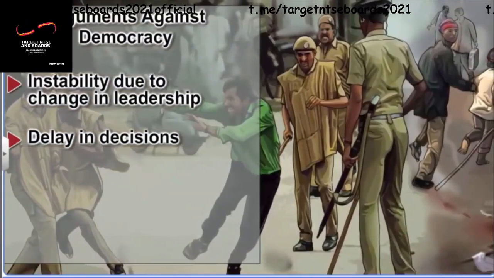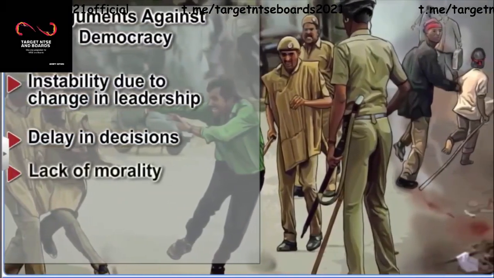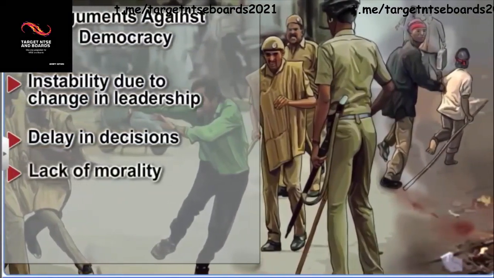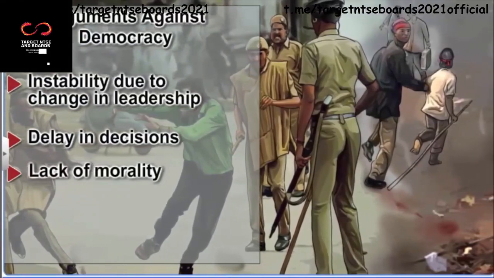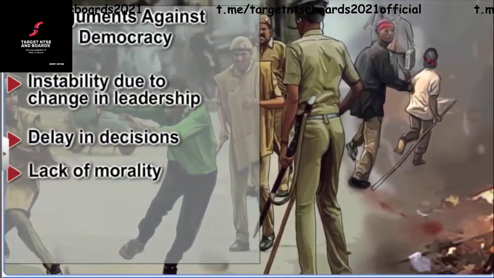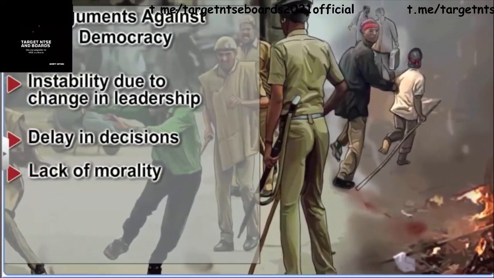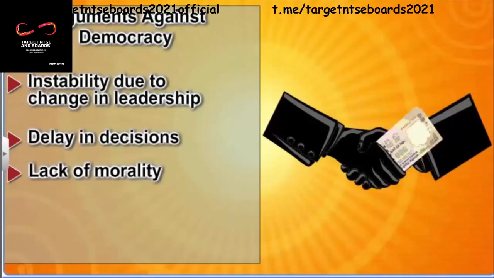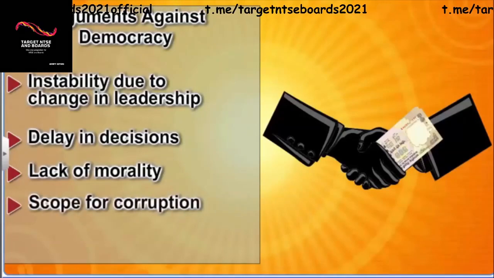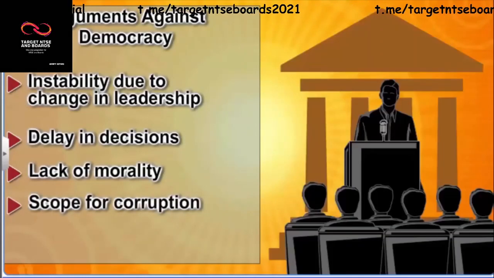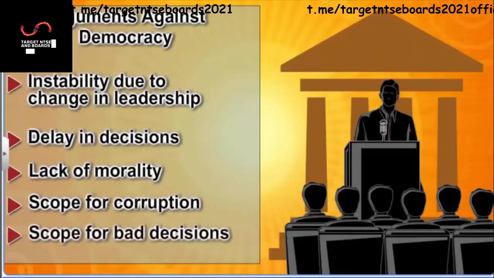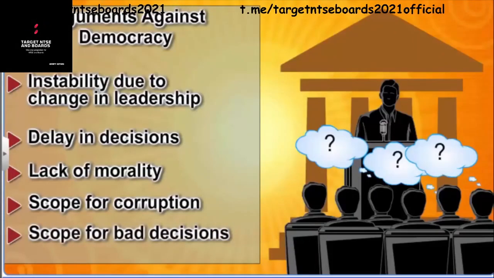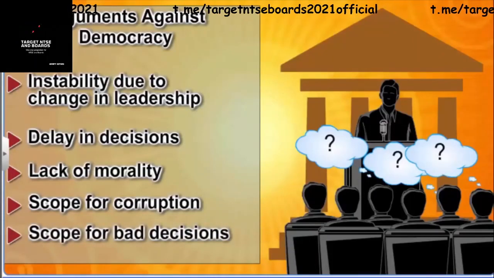Politicians are not too concerned about morality in a democracy because this form of government is all about political competition and power play. In fact, electoral competition provides a lot of scope for corruption. Elected leaders may not necessarily be qualified to understand the best interests of the people.